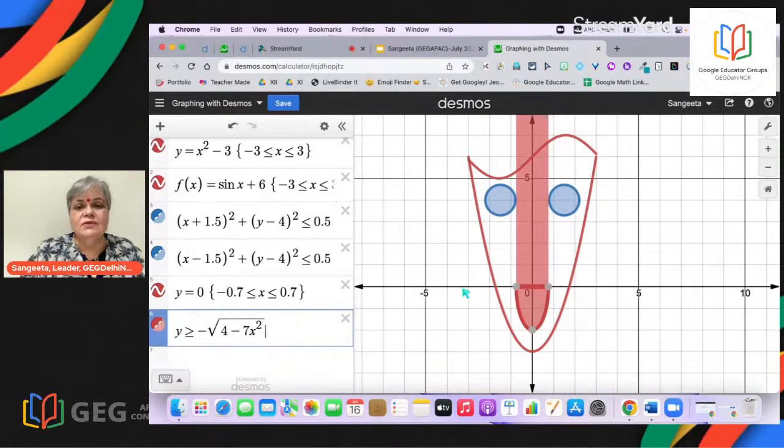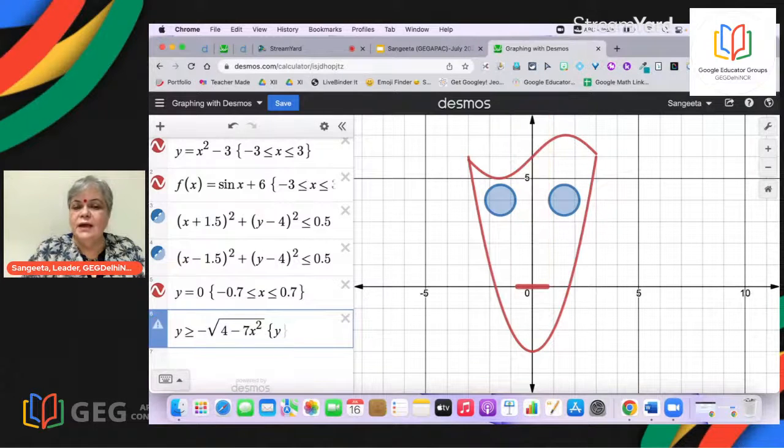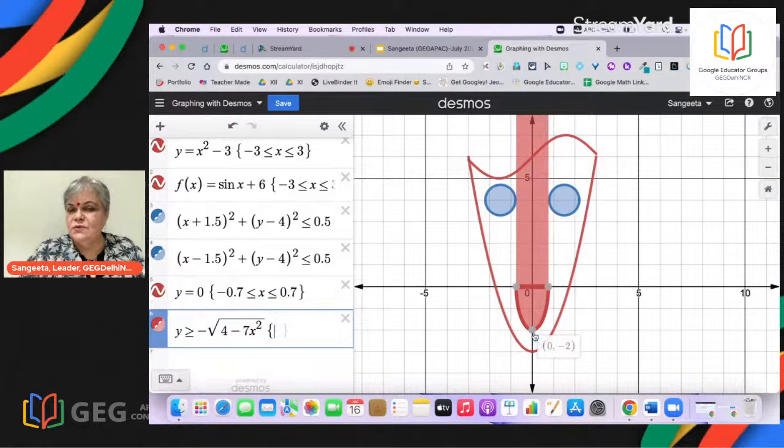So this is something which is a challenge for you. Think about what I should do to make sure that only this part, that is the mouth, gets filled up and not the rest of it. If you are going to be putting those conditions, they have to be put in curly braces here. And maybe you want this y to be restricted between some numbers. So going back again, I want it to be restricted between -2 and 0.